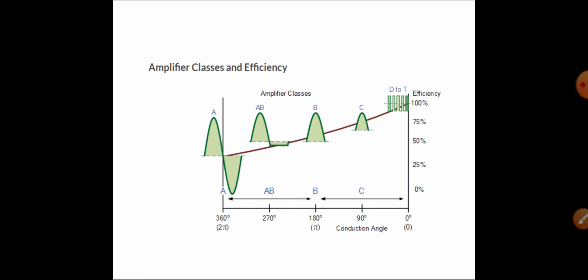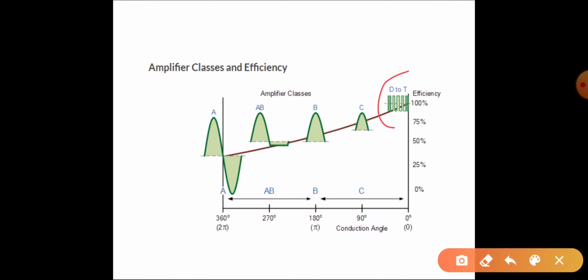Now we'll differentiate the different classes. Here you can see there are different classes, class D to T, but we will not require those classes. We'll only consider these four classes: class A, class AB, class B and class C. Here is the conduction angle ranging from 0 degrees to 360 degrees, that is 0 to 2 pi, and here is the efficiency along the y axis.